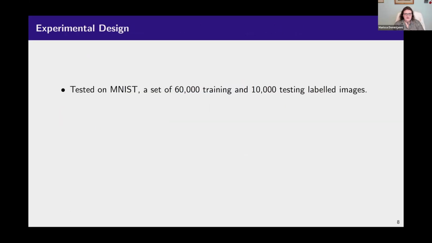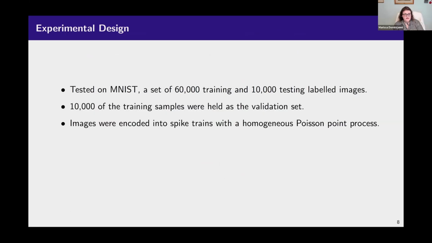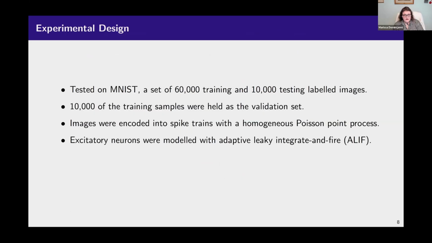So for our experiment, like with the original model, we worked on MNIST, but reserved 10,000 of the training samples as the validation set, plus encoded spike trains based on rate.